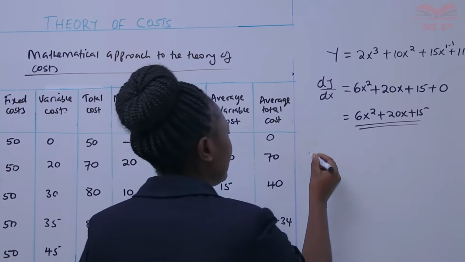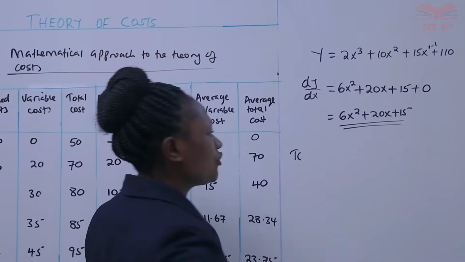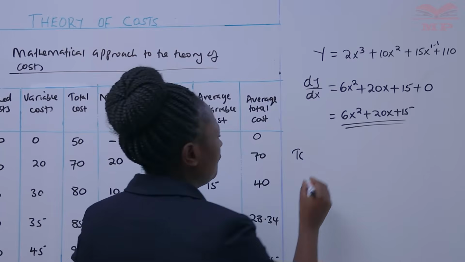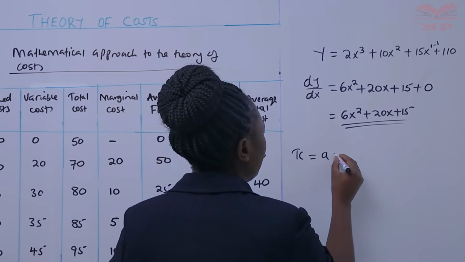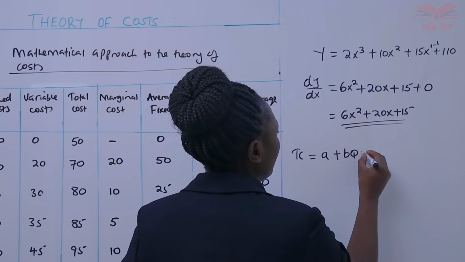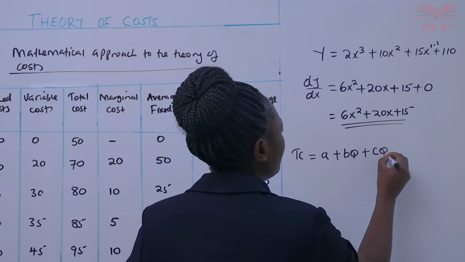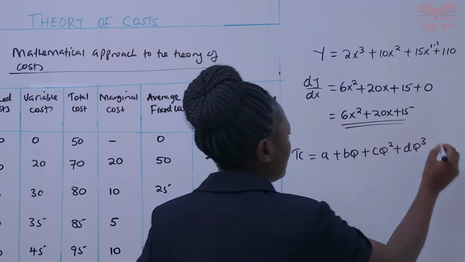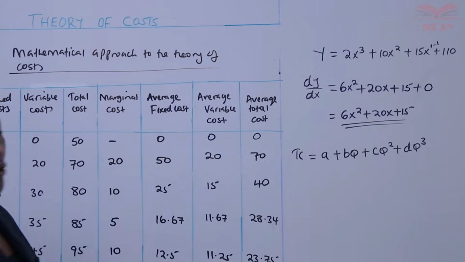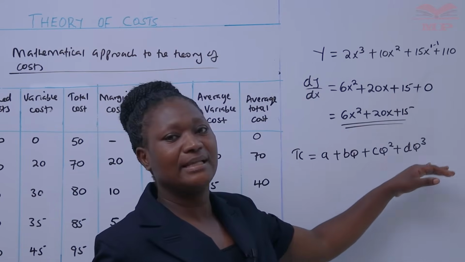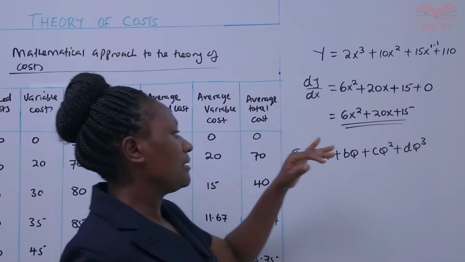We are assuming that we've been given a total cost function, which is a cubic function of the form a plus bq plus cq squared plus dq cubed. So a cubic function is simply that function whose highest power is 3.